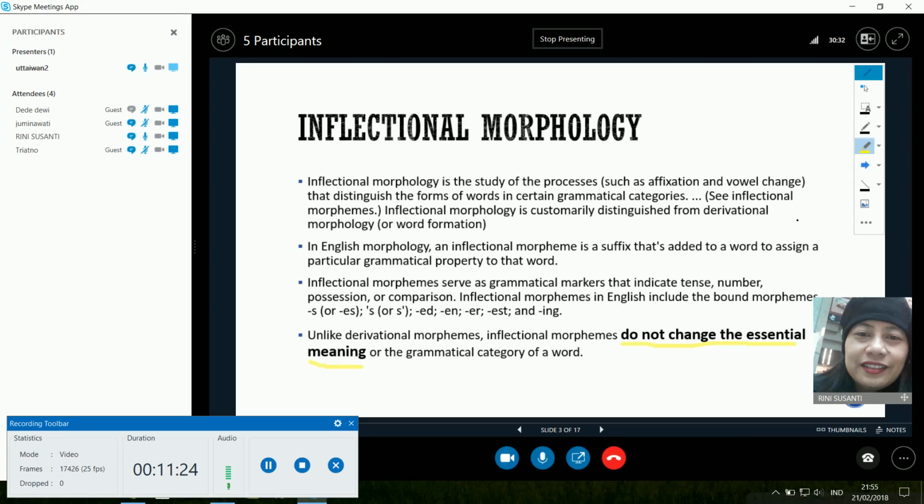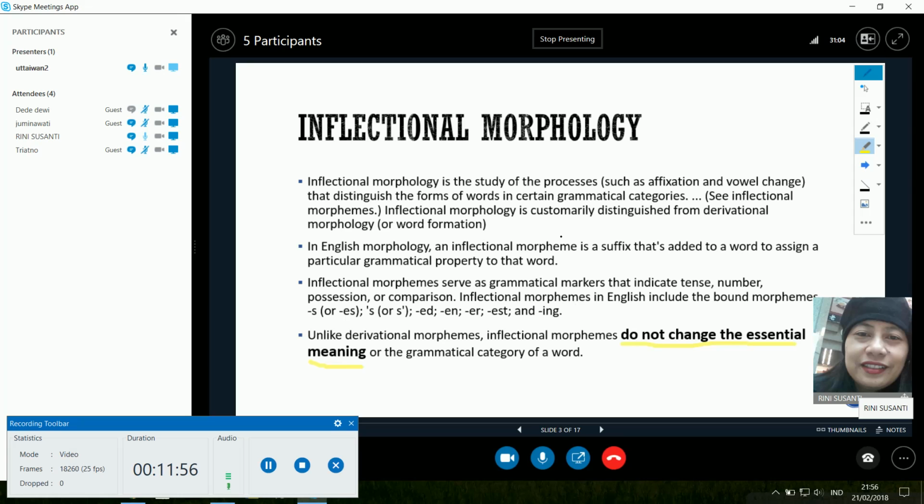The behavior of these three types of morpheme can best be understood within the context of constructions. So, basically, there are three types of morpheme based on this book. The first one is lexical, the second one is derivational, and the third one is inflectional. What is that? So, morpheme.